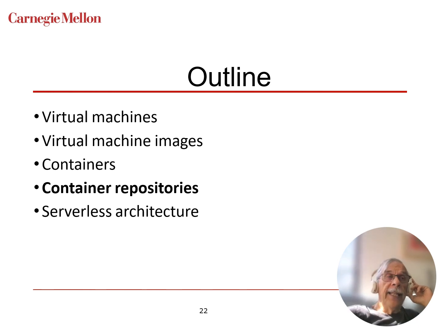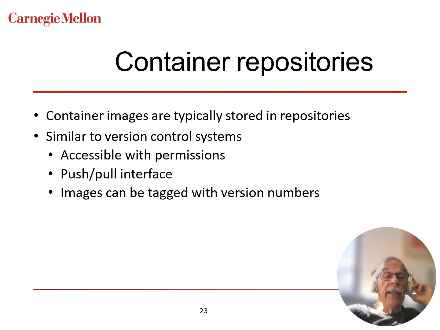So containers are stored in repositories, and the repository is similar to a version control system. So it's accessible if you have permission. It's got a push-pull interface, push a new version, pull an old version. And images can be tagged with version numbers, so you can pull version 3 or you can pull the latest version at your choice.